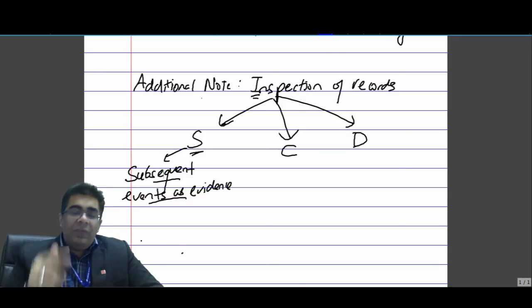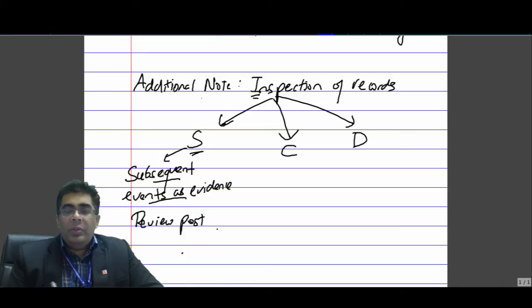All right, so one of your procedures can be that I would like to review post year end cash receipts from receivables.